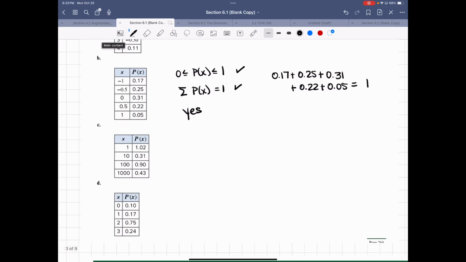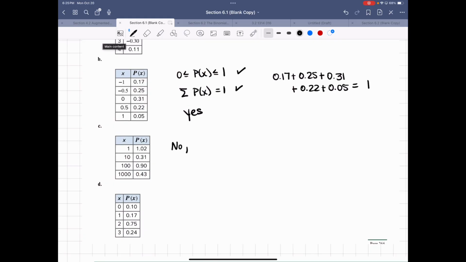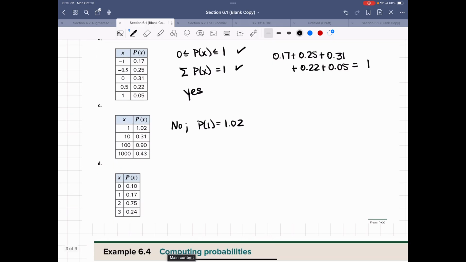All right, C. Okay, is C going to be a probability distribution? Nope. That's a no, because P of 1 equals 1.02. And that one's out. D. Everybody's between 0 and 1, so that check gets done.